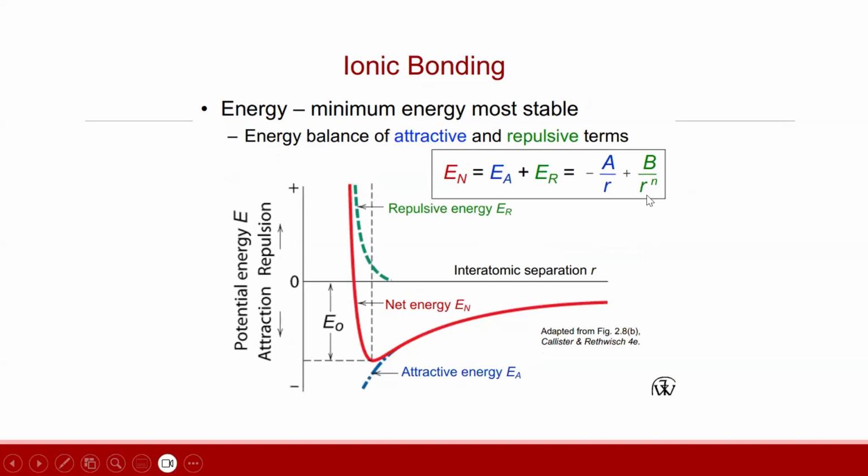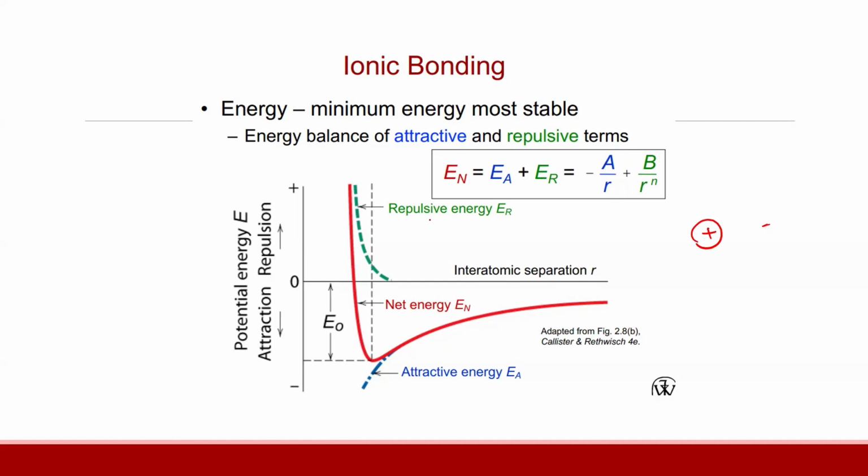Okay, now we have a question in the tutorial for this graph. I will explain it further in the tutorial class. So when we have positives and negatives, positive and negative will attract, but positive and positive are not attracting, they are alike, so they like to stay away from each other.